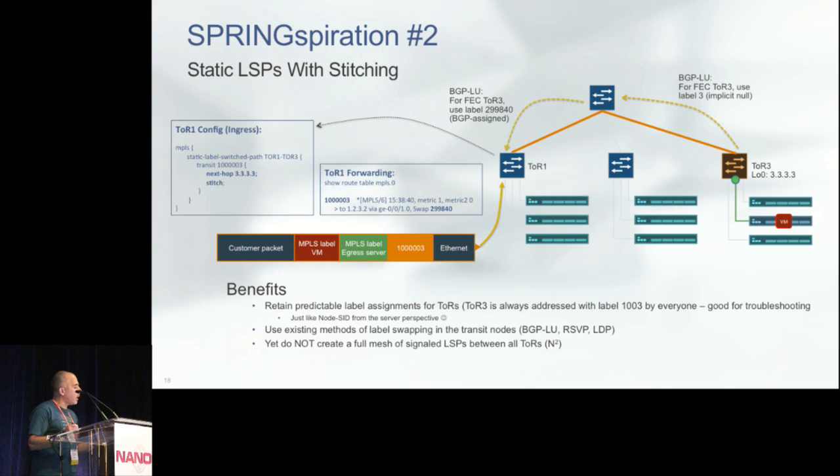I know that label 1,000,003 will get me to Egress store 3, and I don't have to care what the underlying label distribution protocol assignments were. So in the eyes of a server, this now looks a lot like a node SID. It's predictable, and it allows you to reach the Egress store with whatever path is available to you.